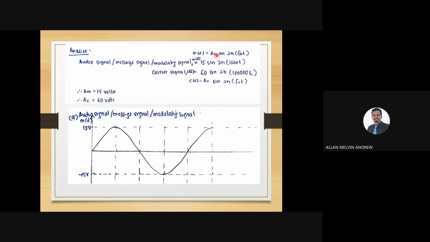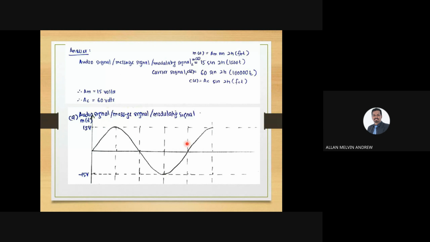From here, Am is 15 and fm is 1500. The carrier signal c(t) equals 60 sine 2 pi 100,000 t. Compare with the standard formula, c(t) equals AC sine 2 pi fc t, so AC is 60 and fc is 100,000. These are the pieces of information you can get from the question.